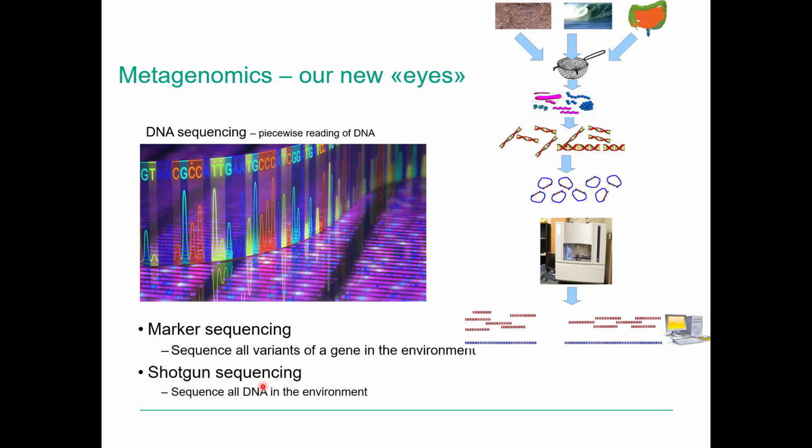And then the shotgun sequencing, which means you sequence all DNA. In the beginning of this course we will not talk about metagenomics at all. We will talk about isolates, where we have a single organism. We also do shotgun there, but since we only have one organism, we don't typically call it shotgun, but it's the same sequencing technology. You sequence all DNA from the environment or from some single organism.